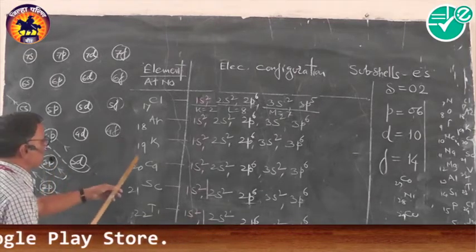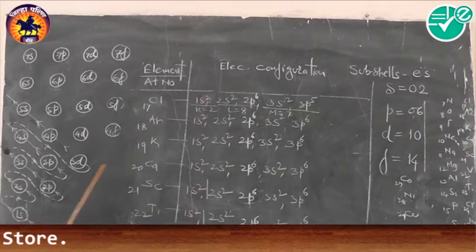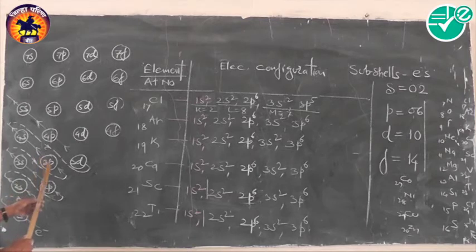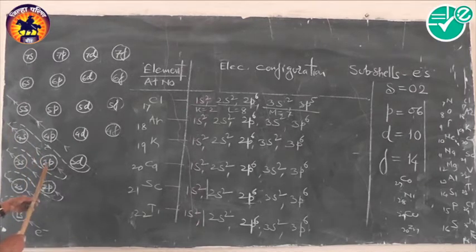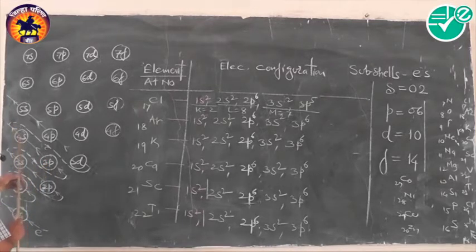Now, in the case of potassium, which has atomic number 19, the electron moves towards the next sub-energy level with higher energy, that is from 3p to 4s, and this 4s has the capacity to accommodate only 2 electrons.